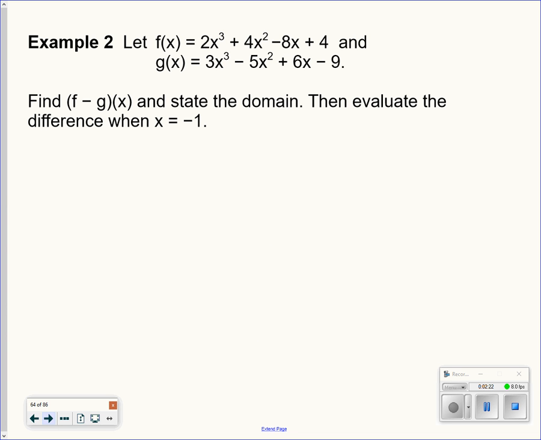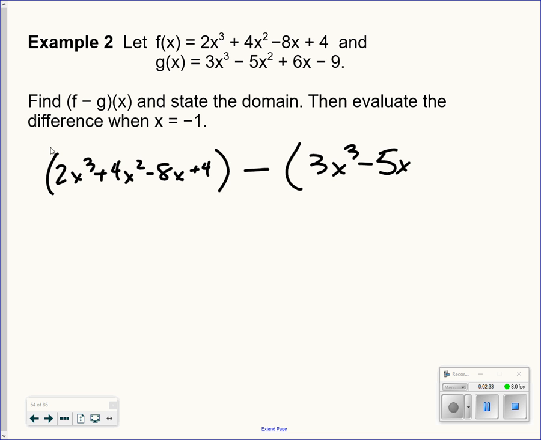Next, f minus g, and this one's a little bit longer. 2x cubed plus 4x squared minus 8x plus 4, there's f, minus g. Now, this goes back to when we're adding and subtracting like terms. I've got to make sure I subtract all of those, and that is the common mistake.